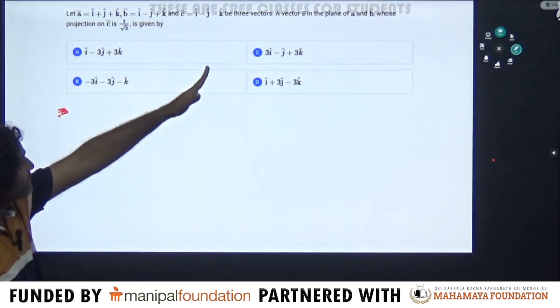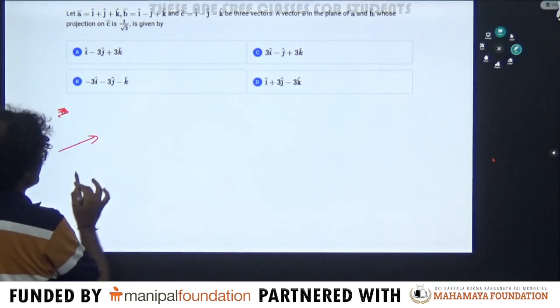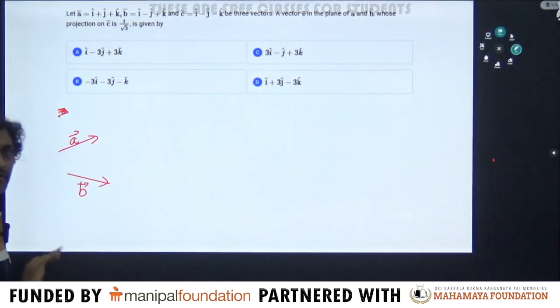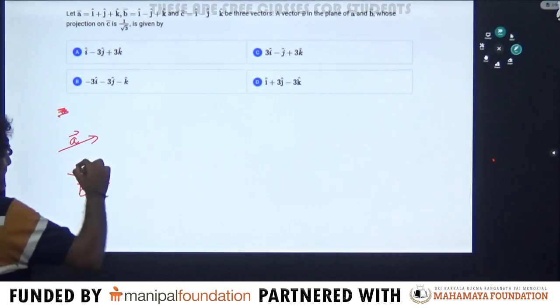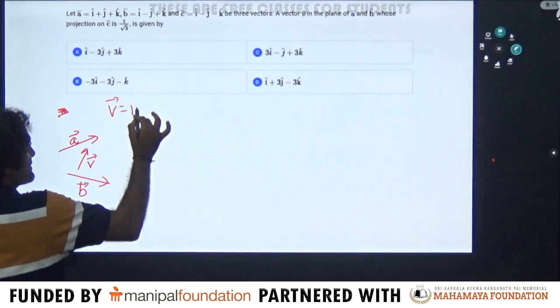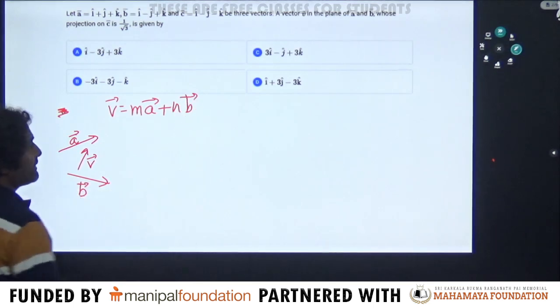If V be a vector in the plane of A and B, this is A vector, this is B vector, then we normally take V vector as some m into A vector plus n into B vector.